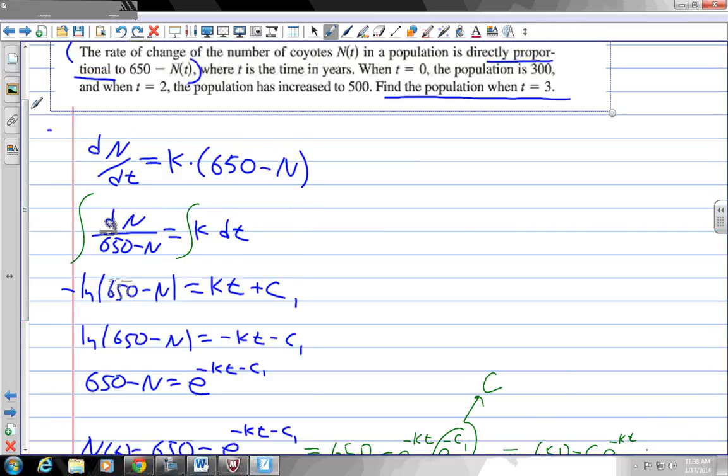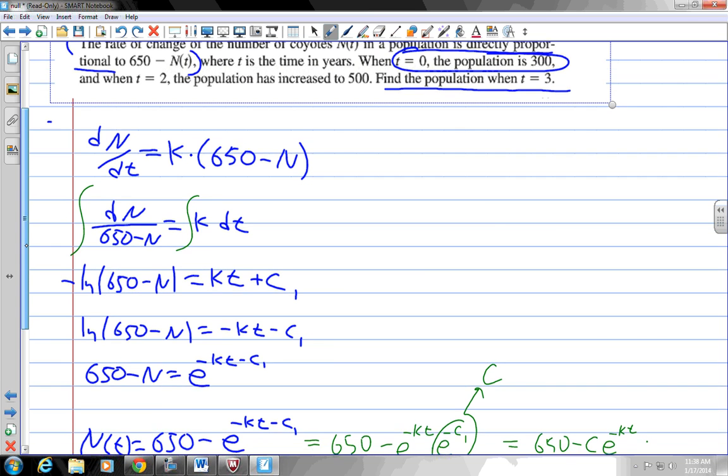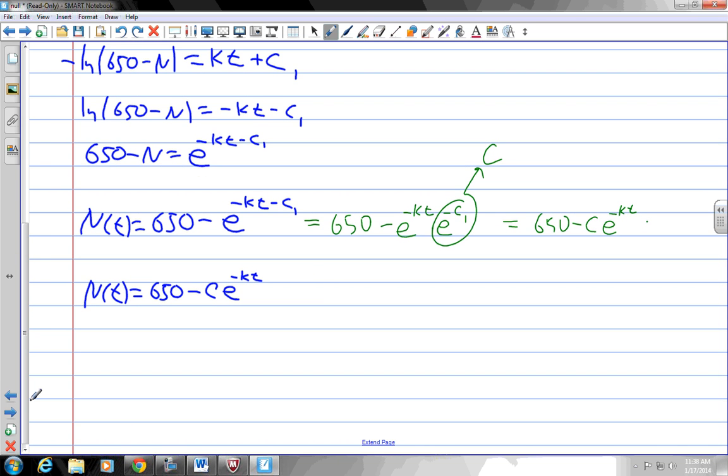Yeah, this one is easy, right? T equals 0, population is 300. That will allow me to find c, right? So the point 0, 300. If I do that, it's 300 equals 650 minus c times e to the 0, right?